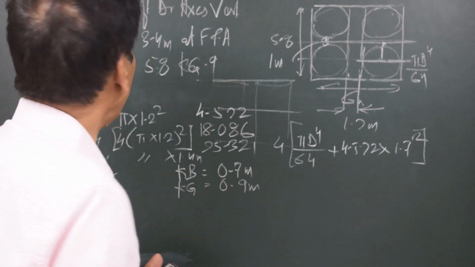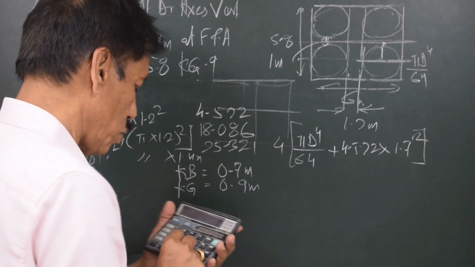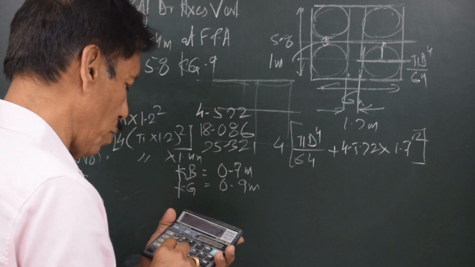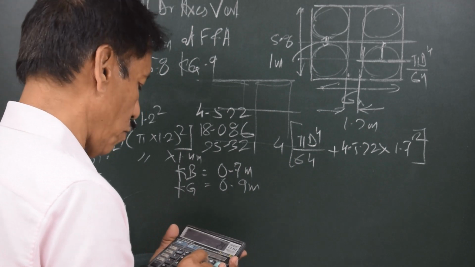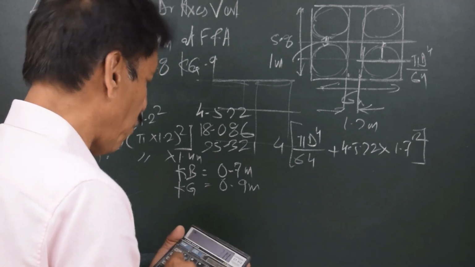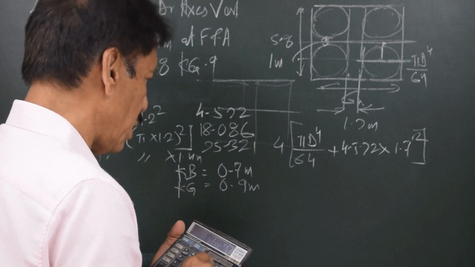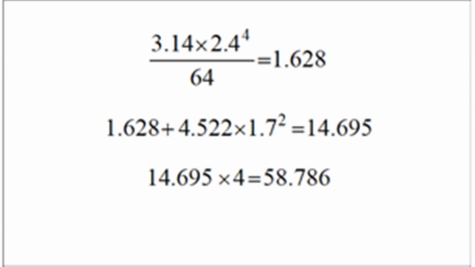Pi d raised to 4. D is 2.4 meters. So 2.4 into 2.4 into 2.4 into 2.4 is d raised to 4, into 3.14, divided by 64, equals 1.628, plus 4.522 into 1.7 into 1.7, that is 13.068.